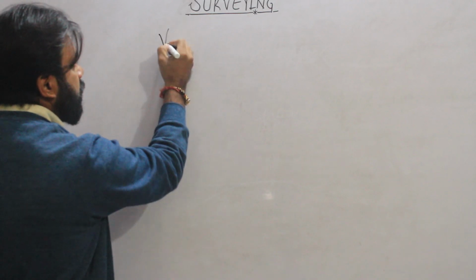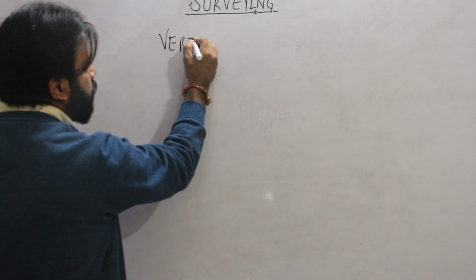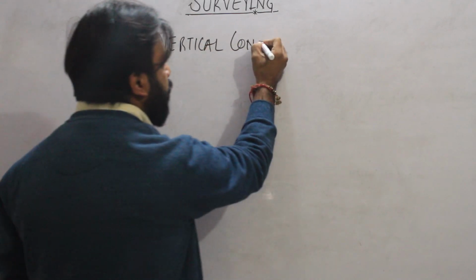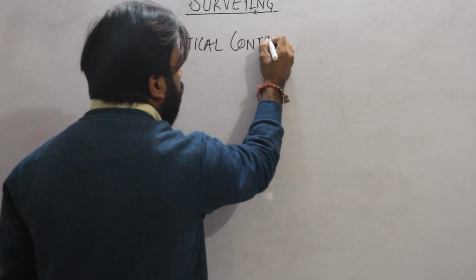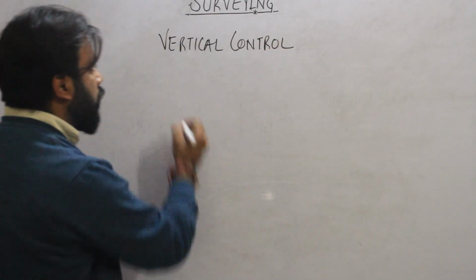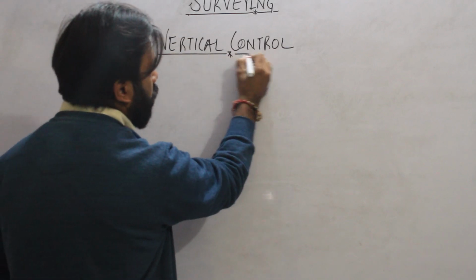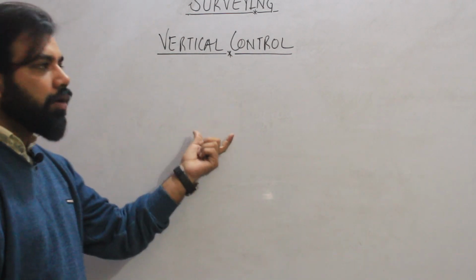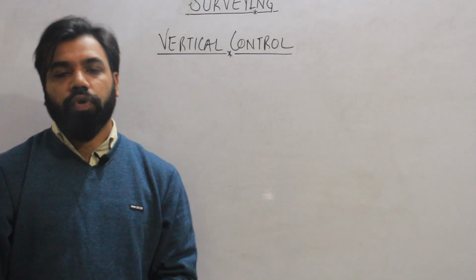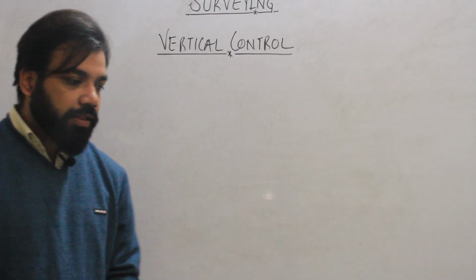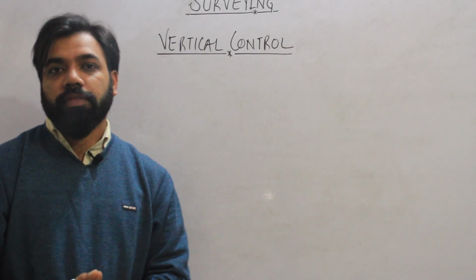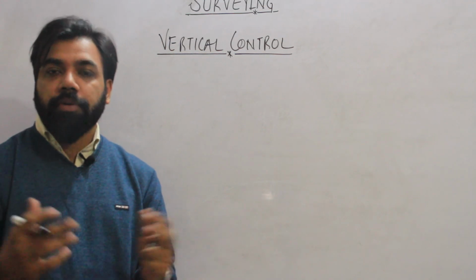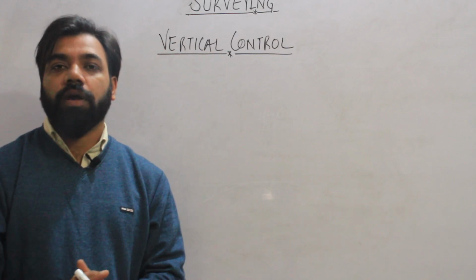I am taking vertical control. Today we will see what is vertical control, then we will study what is datum or reference, then mean sea level, then we will study equipotential line, benchmarks, temporary benchmark, permanent benchmark, RLs.